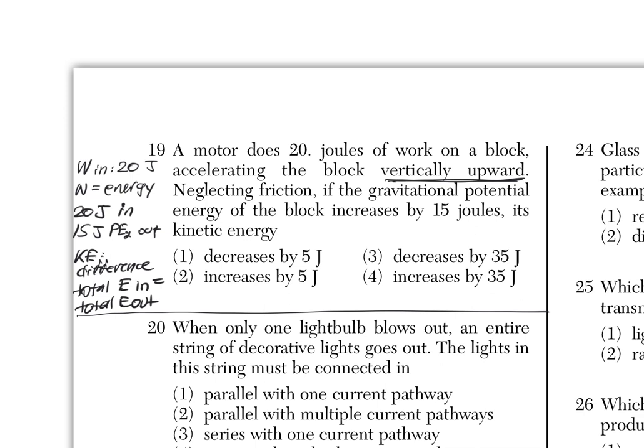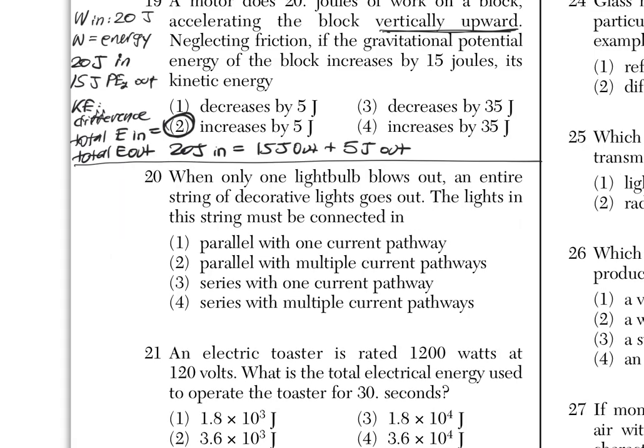And so if I put 20 joules in and I get 15 joules out, I'm going to need another 5 joules of kinetic energy. So the block gains 15 joules of gravitational potential energy, and it also gains 5 joules of kinetic energy. Choice 2.